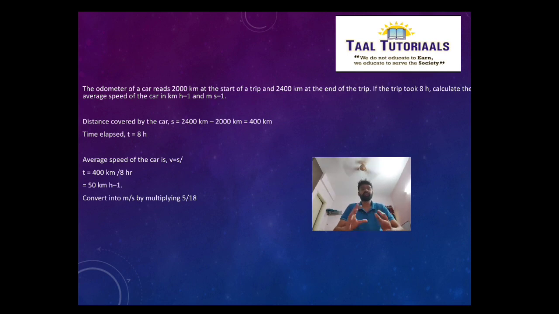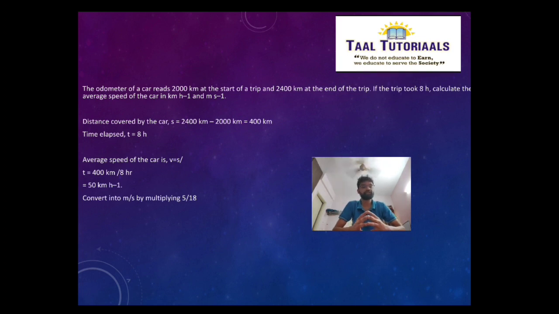As the odometer is 2000 km in the start and at the end it was 2400 km, we know that the total distance that was covered by that car was 2400 minus 2000, that becomes 400 km. And total time it took was 8 hours.